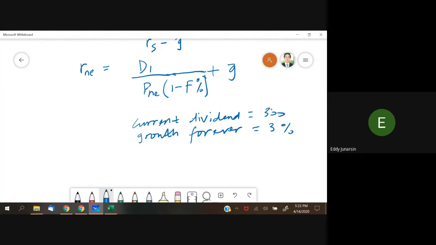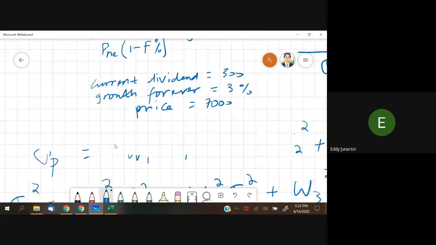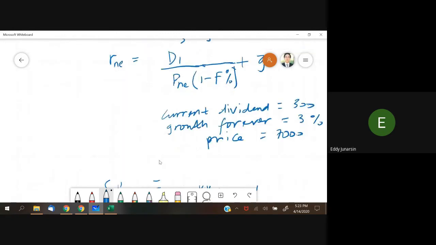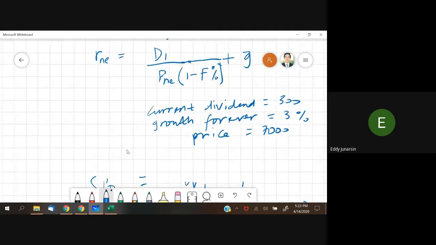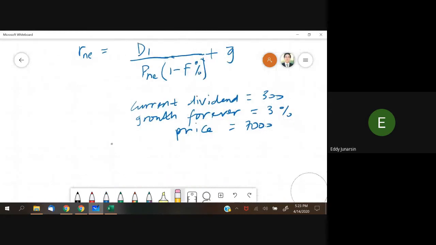And then you are expecting to get, I don't know, maybe 7,000 a piece, right? Okay, so now the question is how much flotation costs or fees you have to pay with respect to the issuance of your new equity.